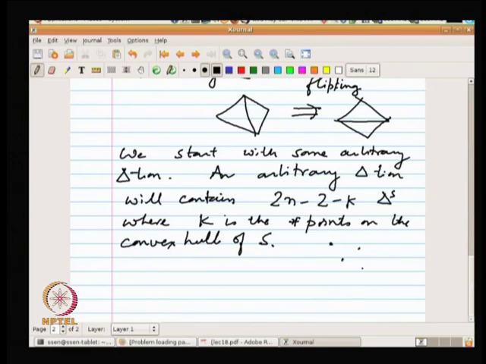So if the given points are like this, this is the convex hull. We are only going to construct the triangulation interior to the convex hull.